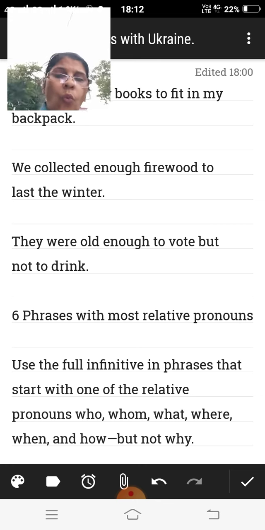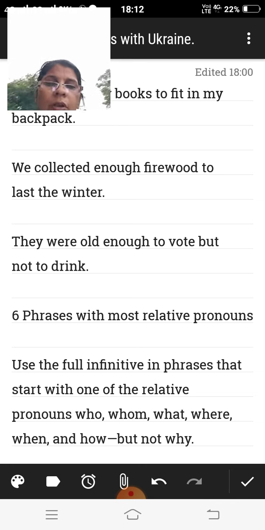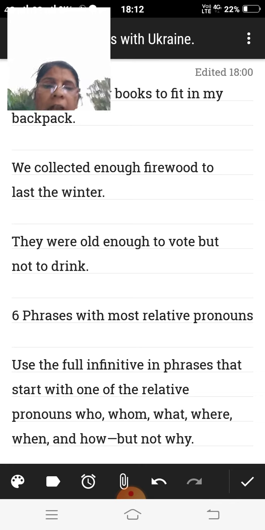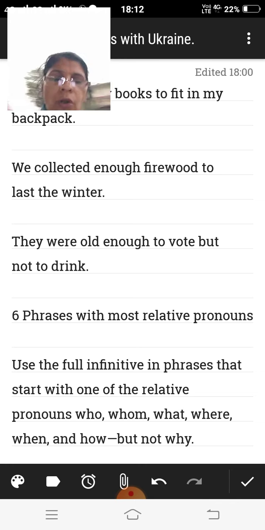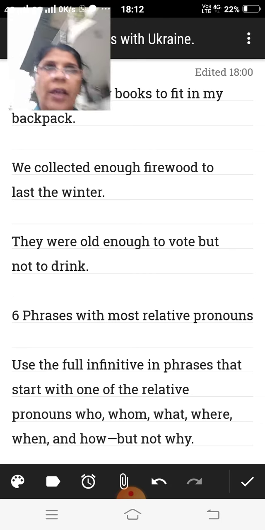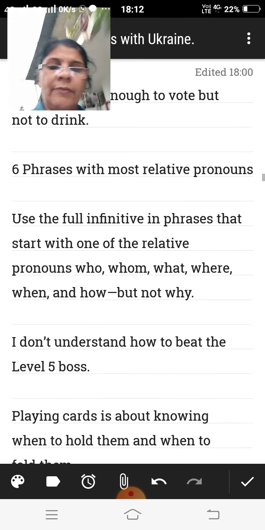Phrases with most relative pronouns: use the full infinitive in phrases that start with one of the relative pronouns who, whom, what, where, when, and how, but not why.